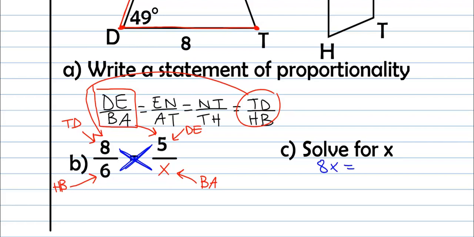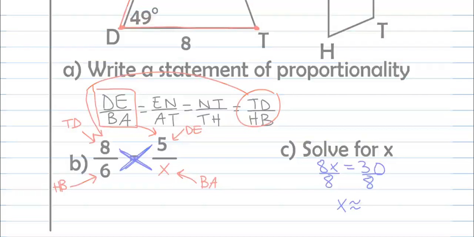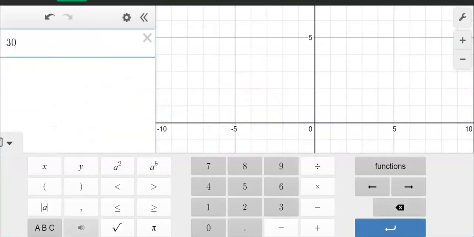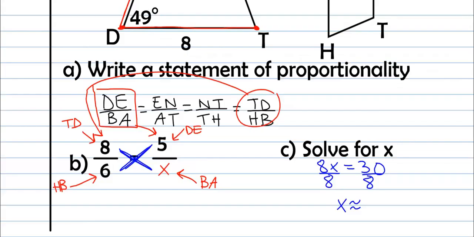That's equal to 5 times 6, which is 30. Divide by 8, divide by 8, and x is going to be approximately, or maybe perfectly, we'll see, 30 divided by 8. Grab a calculator. 30 divided by 8 is 3.75. So I guess we could change that to an equal sign.